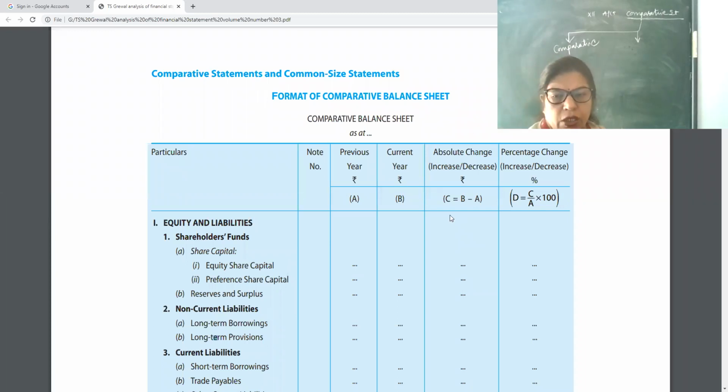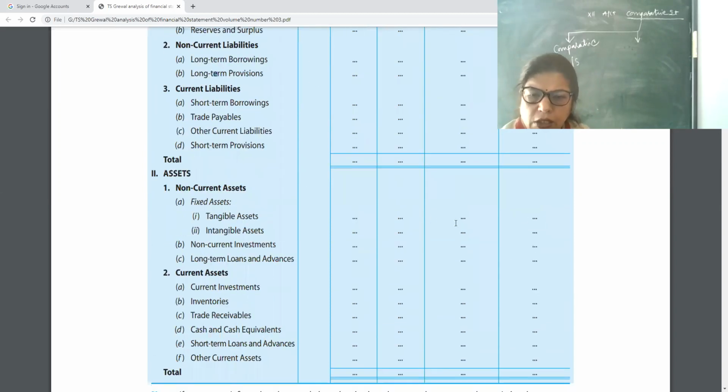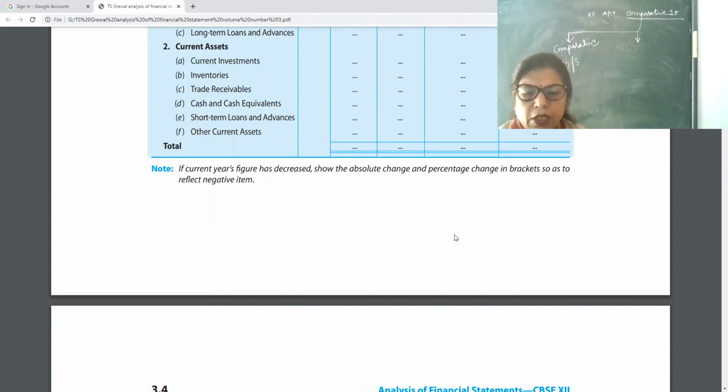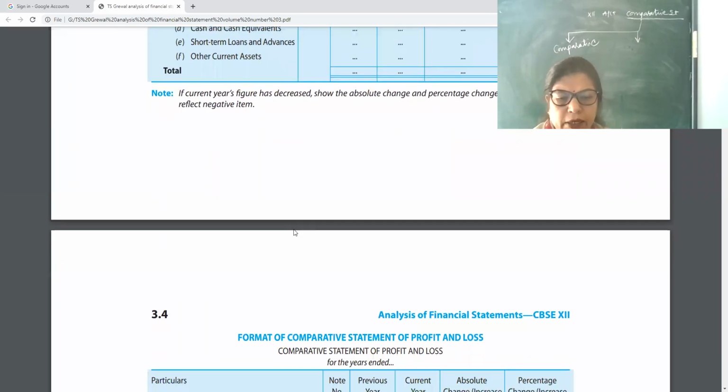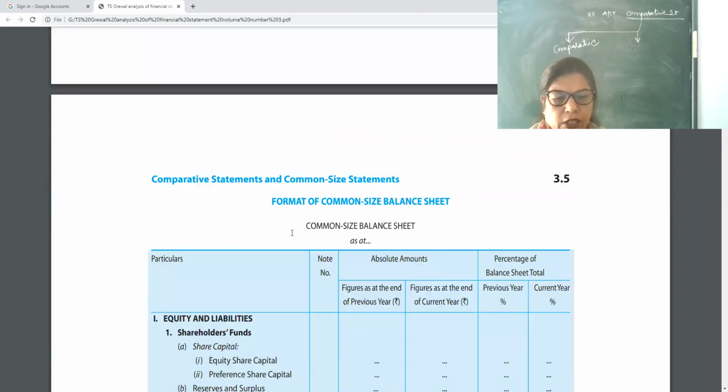C means change upon previous year into 100. Every item will be converted into percentage by the same formula. Okay. Change upon previous year into 100, but be careful while showing a negative item: don't put a minus sign, just give it in brackets.